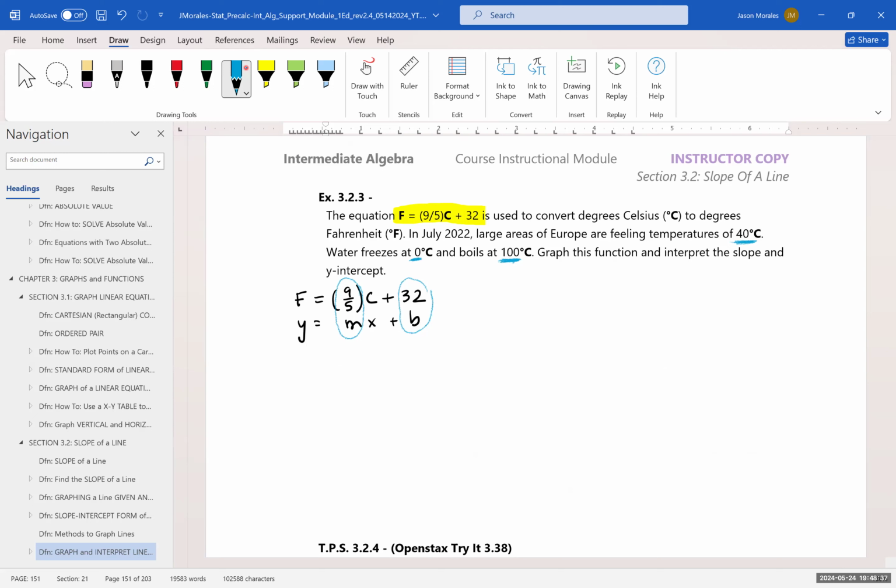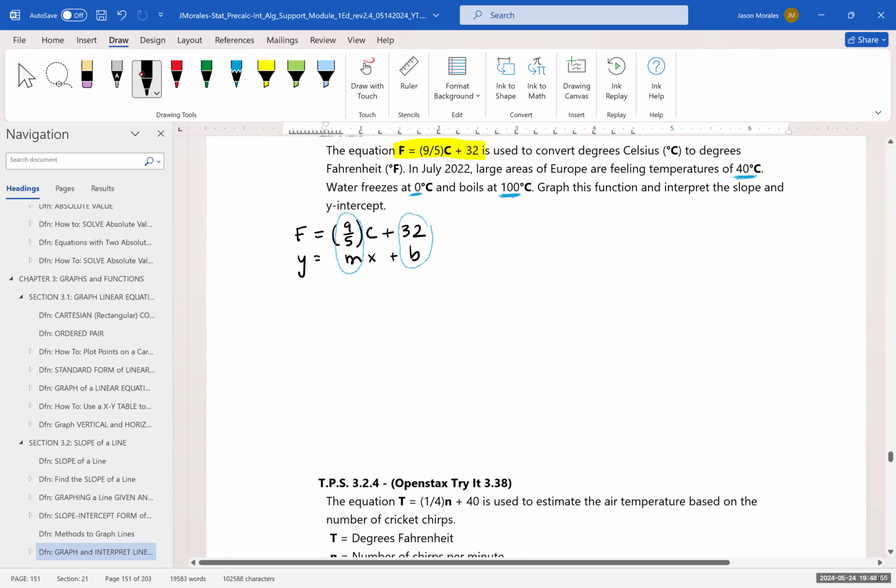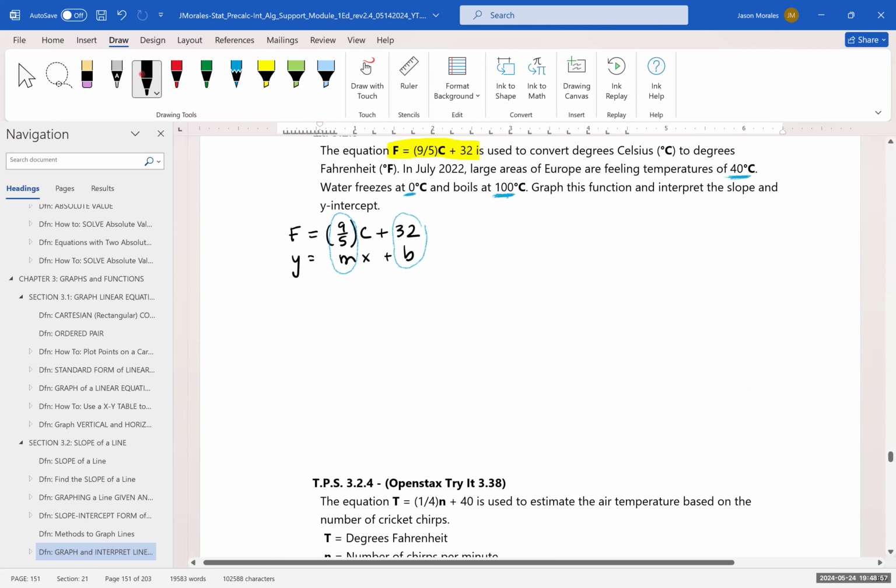So we're going to create a Cartesian coordinate plane where the x-axis is going to go from 0 to 100, and the y-axis is going to go from 0 to maybe about 240. So let's make that. Okay.